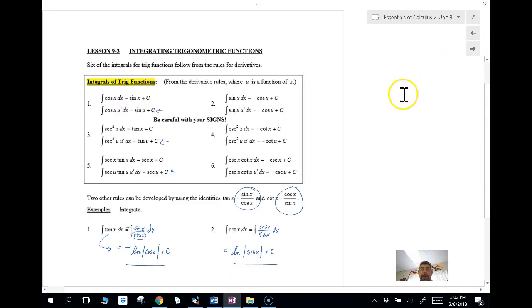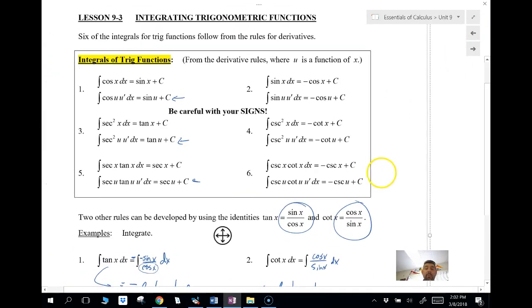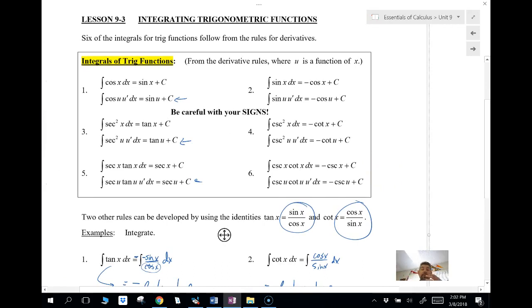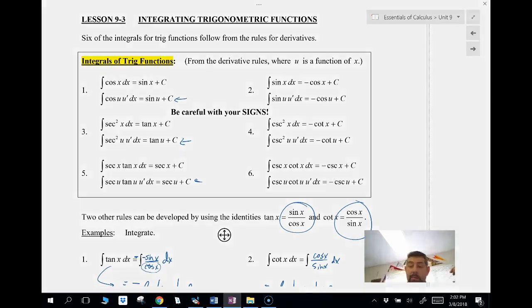So you can do any type of integration problem that we did before, whether it's area between two curves, area under a curve, or volume, any of those types of things that we did with integrating, we're going to also do those with integrating trig functions.